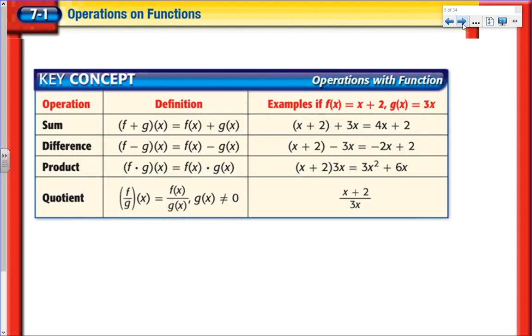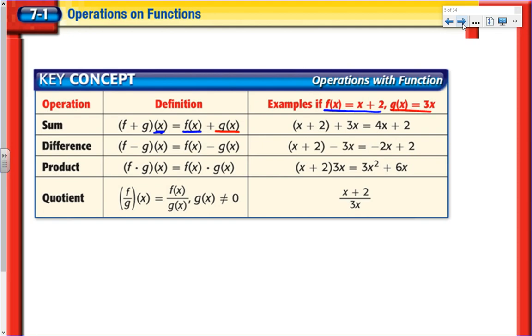So if you're looking at it, what this is saying is if you have an f function and you want to add a g function to it, well, that works evaluated at x. That works by taking f plus g. You can just do it in two separate things. So over here, the example they're giving is, all right, f is x plus 2.